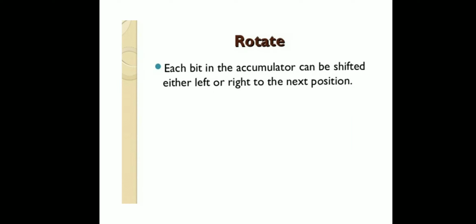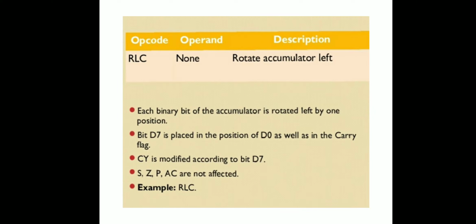Now, for the rotate operation. In this instruction, each bit in the accumulator can be shifted either left or right to the next position. This instruction is used to rotate the accumulator left.